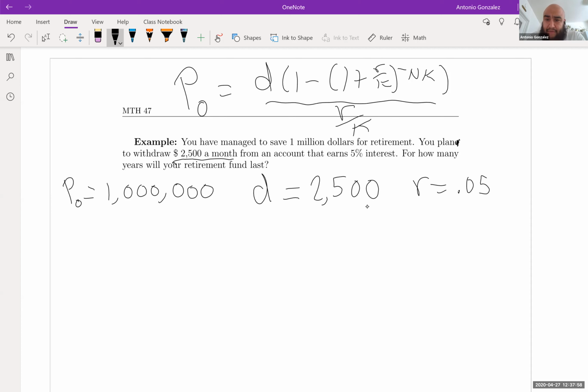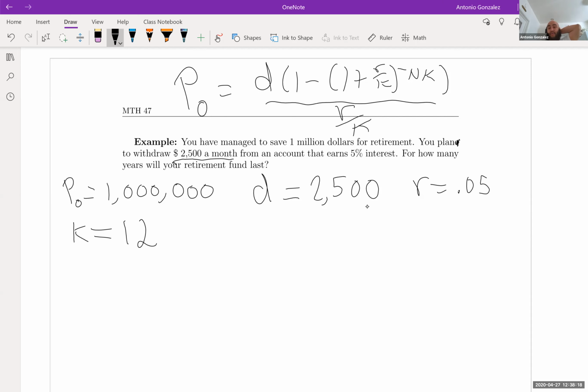So we're going to assume here that the account earns interest at the same frequency as how often I make withdrawals. So I'll let K equal 12, since withdrawals are made monthly.